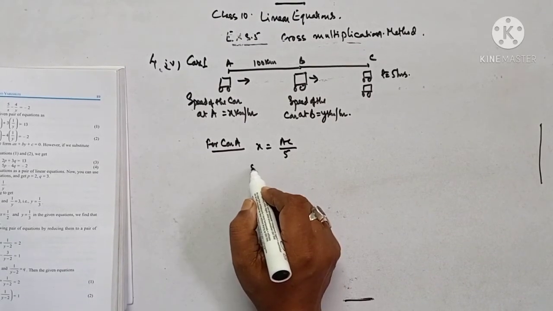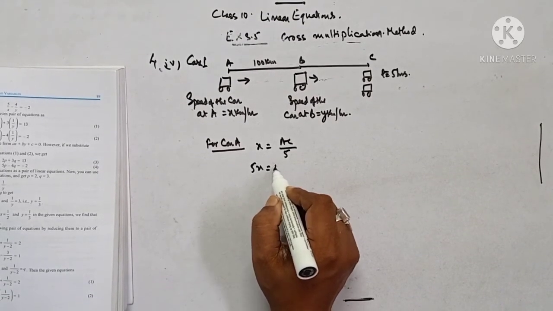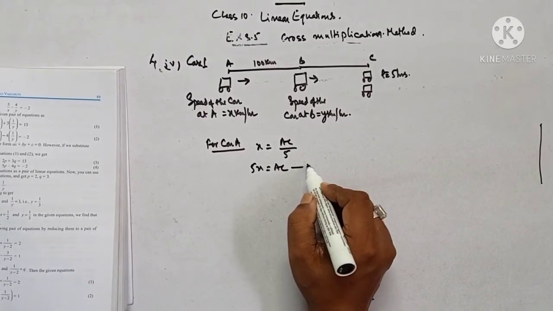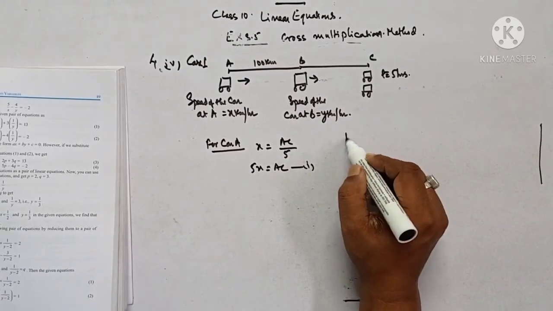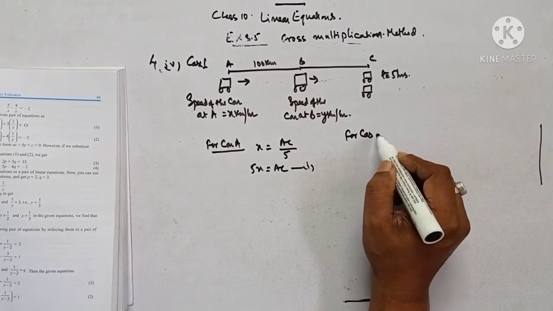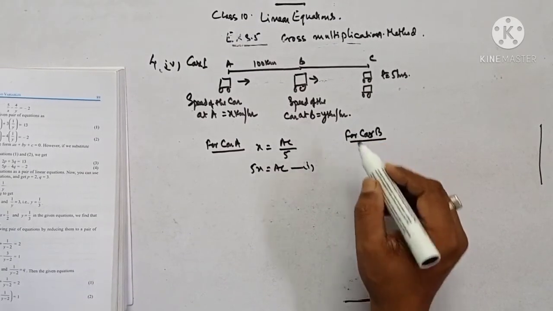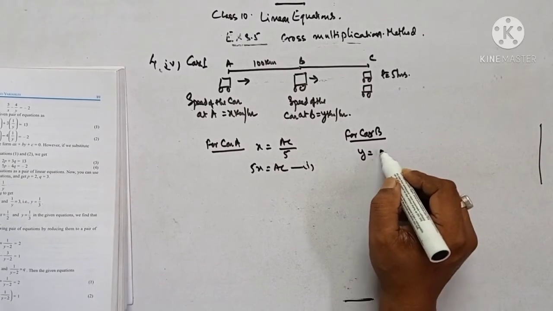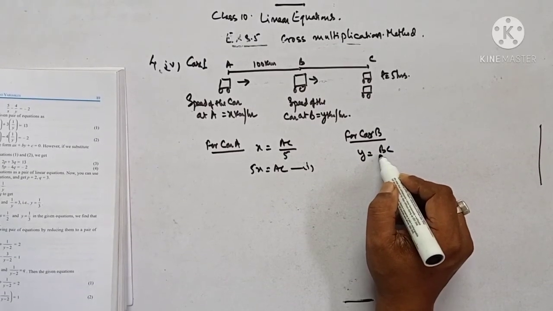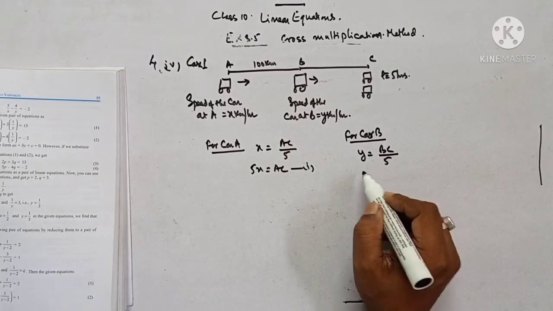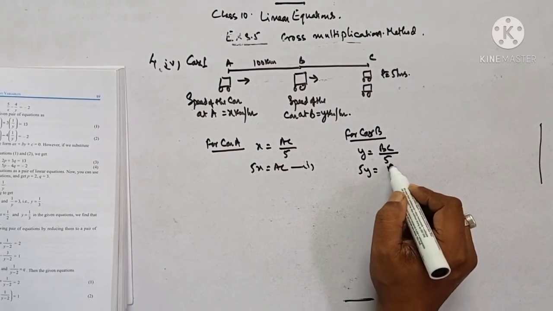So 5x is equal to AC. This is equation 1. And for car B, y is equal to BC by 5. So 5y equal to BC.